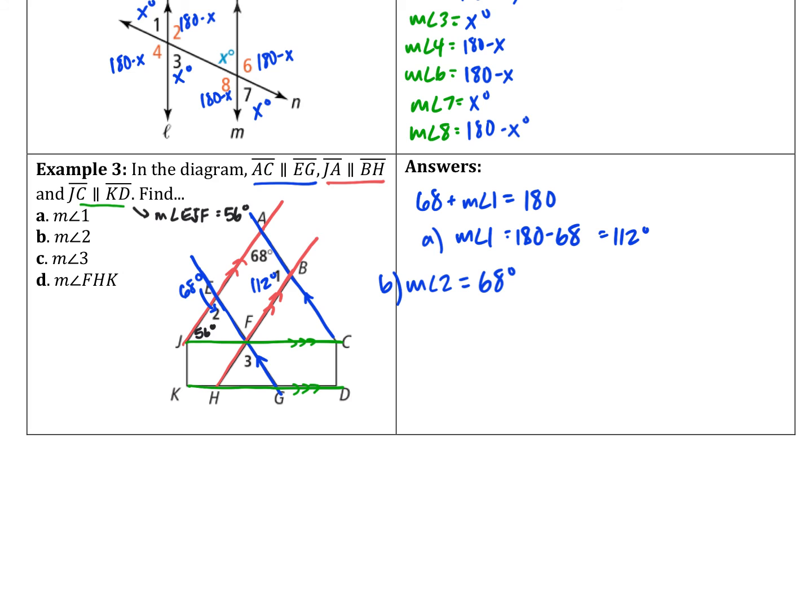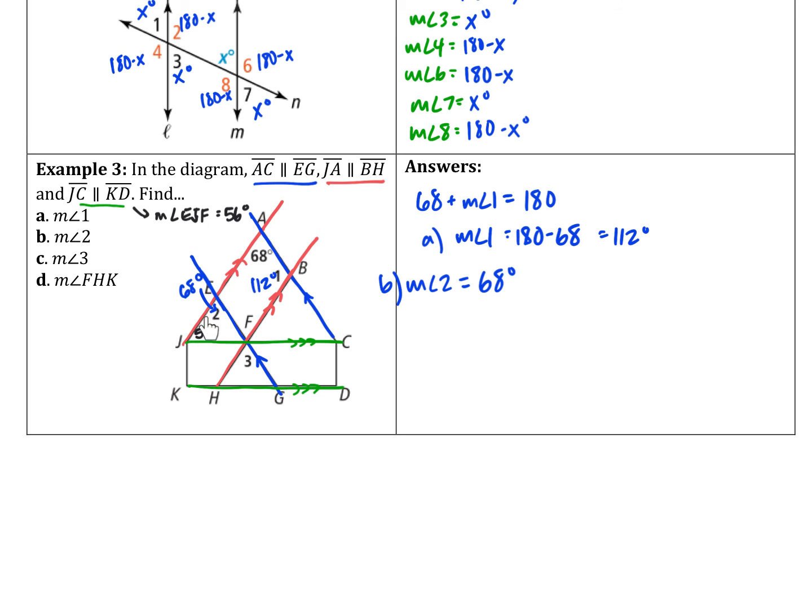And angle 3 down here, I might want to look at that and say, well, okay, angle 3 is made by this blue segment and this red segment, so I don't care about the green ones again. They don't have anything to do with angle 3. And then I might look at bringing in this other red segment.